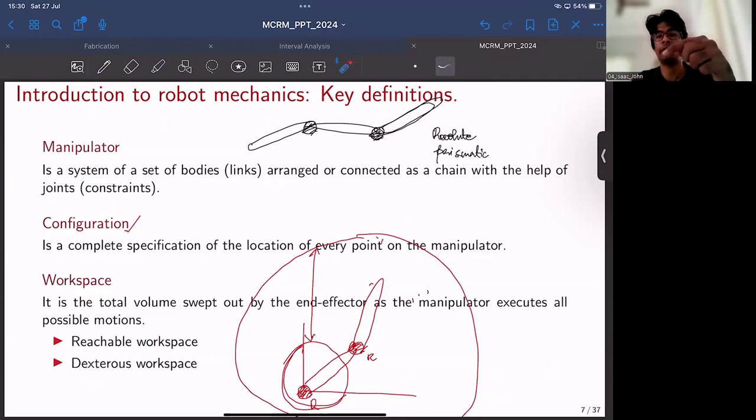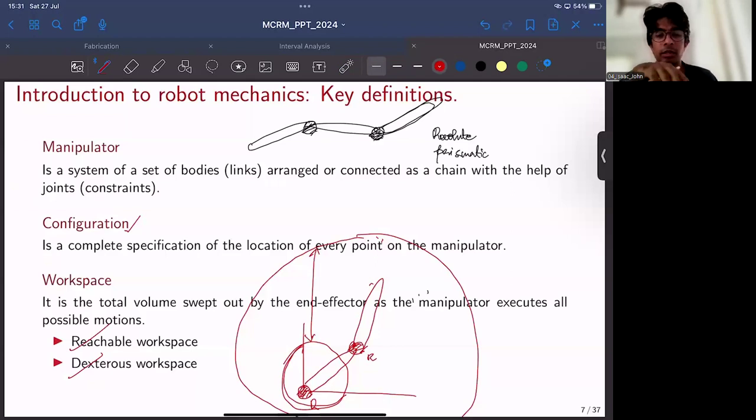But any point in between, for example, if you consider the tip of this pen, you can achieve or realize this point with any orientation, right? If you consider the tip of this pen, I can reach it by this orientation, any arbitrary orientation I can reach, right? So the set of all points where I can reach with any arbitrary orientation, such points are called the dexterous workspace.